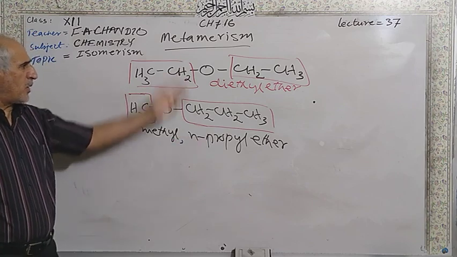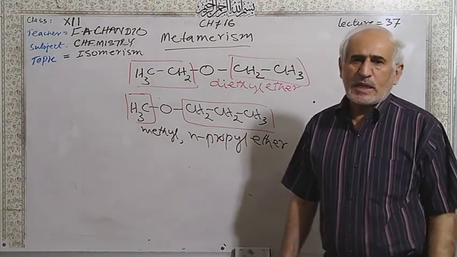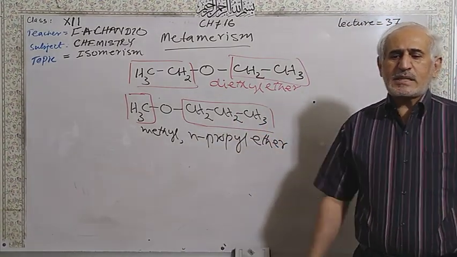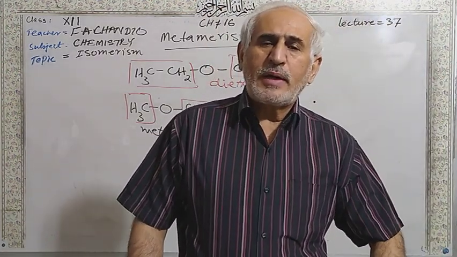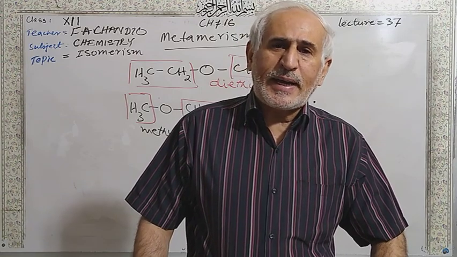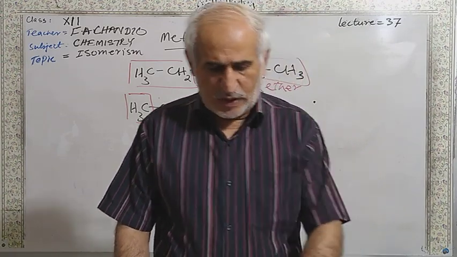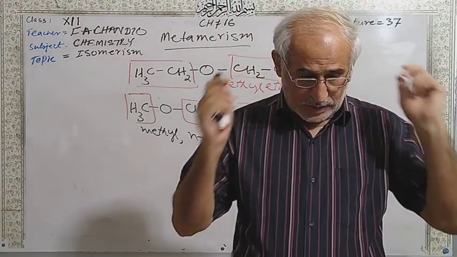Functional group is the same. Number of carbon atoms is the same. Number of hydrogen atoms is the same, but on either side of the functional group, the number of carbon atoms attached is different. This type of isomerism is called metamerism.